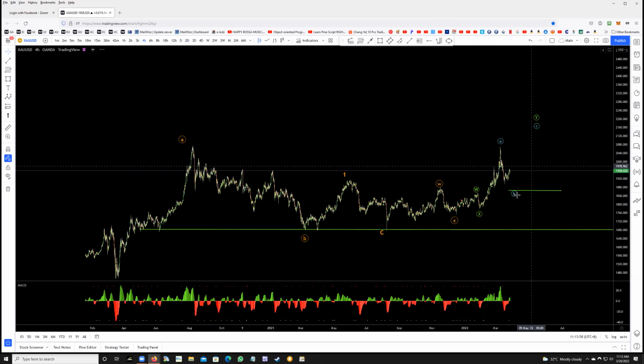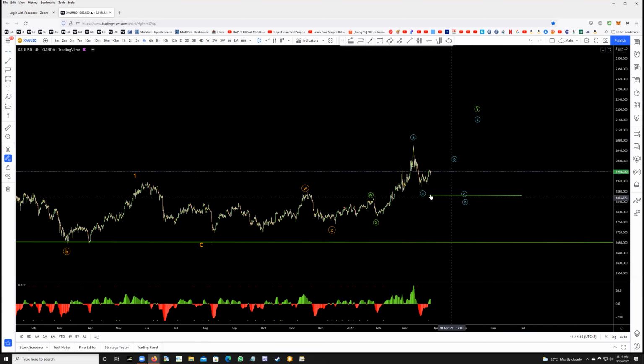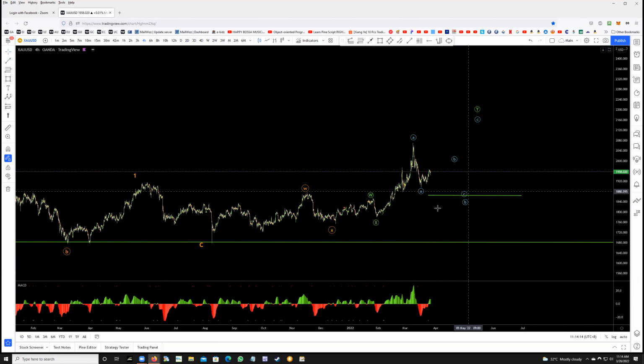On the 4 hour, there's a possible 1, 2, 3 to the upside, like so. But I'm looking for a possibility of this 1, 2, 3 down. So this is a potential correction. 1, 2, 3. And once this is over, you just move that.